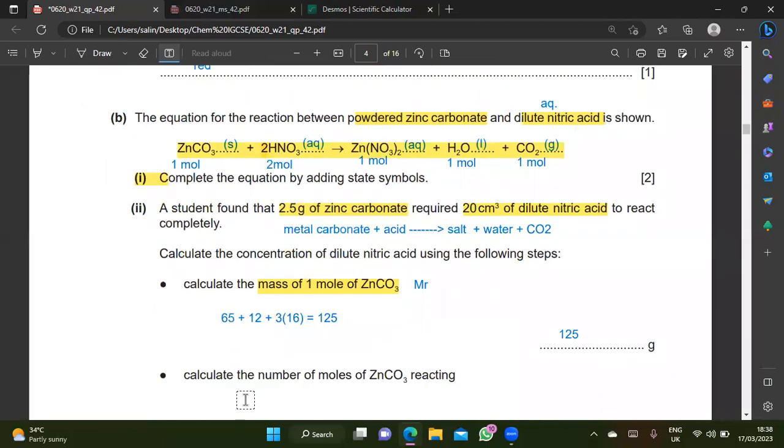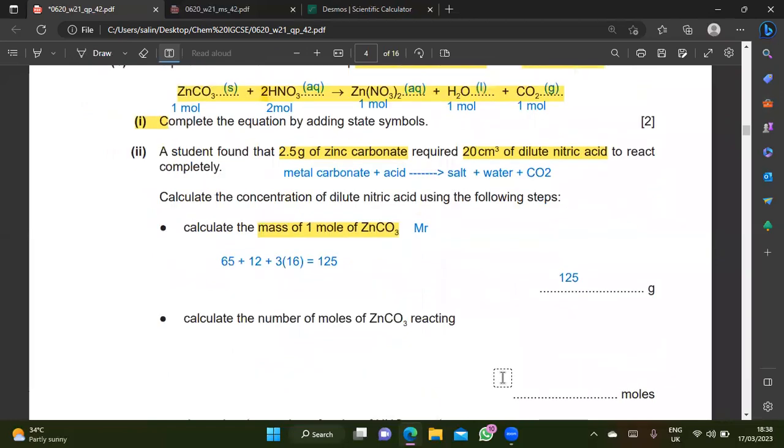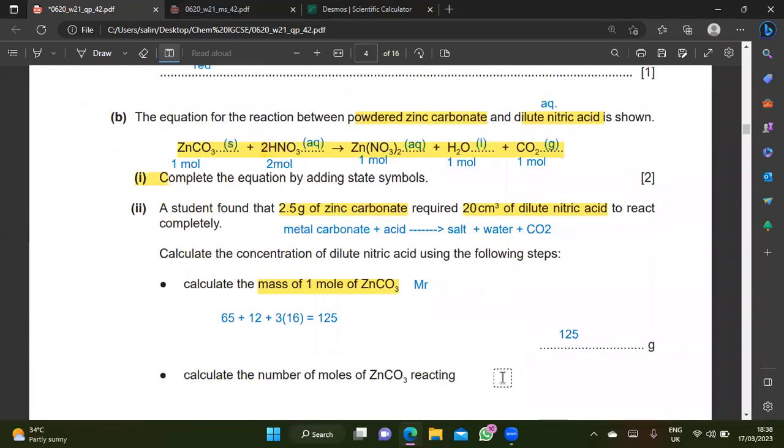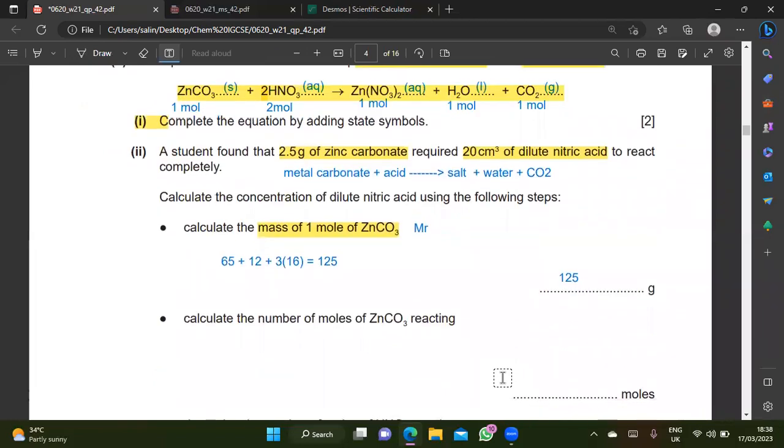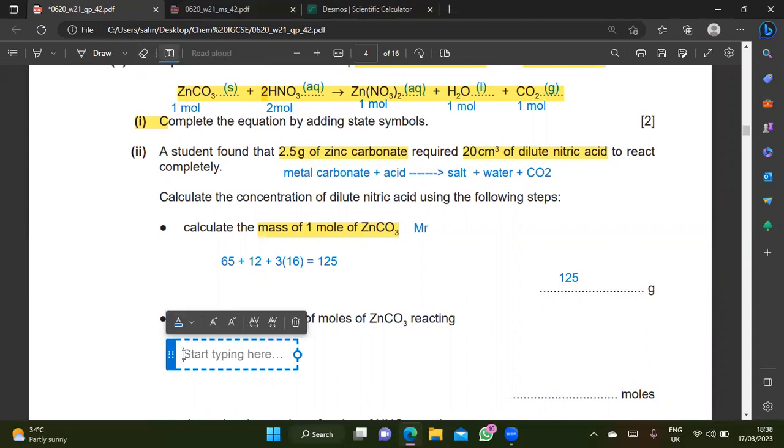Okay. Calculate the number of mole of zinc carbonate reacting. Now you want to find the number of mole of zinc carbonate reacting. What is the formula that we can use? Number of mole is small n, and the formula is mass over Mr. What's the mass of zinc carbonate reacting?